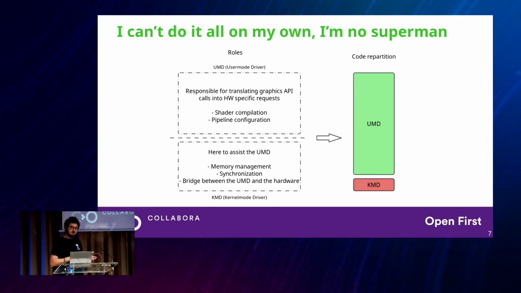When you look at what each part does, you can say, oh, that's pretty even. But when you look at the code repartition, it's actually not even. When you look at Mesa, which is the stack of user space drivers for GPUs, and you look at one specific driver and compare it to the size of the kernel mode driver that exists for it, it's incredible how much code there is in user space compared to kernel space.